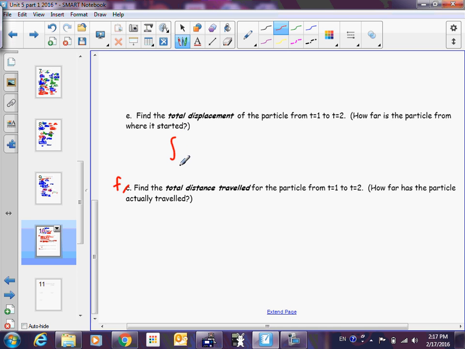It's talking about position, so I've got to integrate velocity, which was t squared minus 4 over t. And we are given bounds here, 1 to 2. Now, this will find the total displacement.